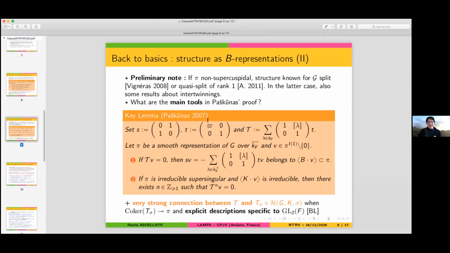But now, how do you know whether such a V exists? When can you find a V such that TV equals 0?